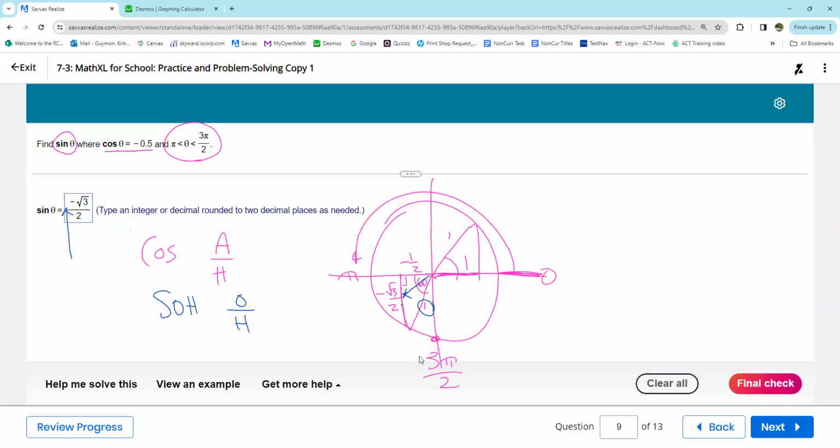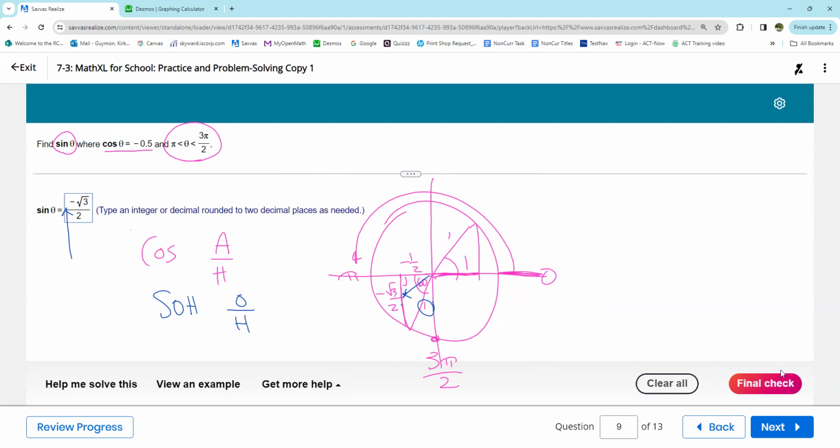In that error message we just got, they're talking about remembering that sine squared plus cosine squared equals 1. So what's that all about? If I'm in this quadrant, sine plus cosine, what was that?